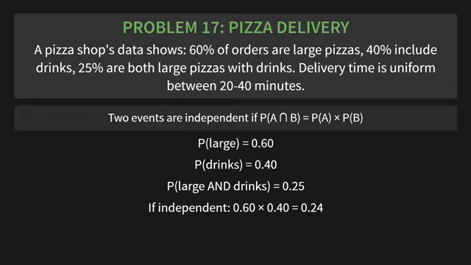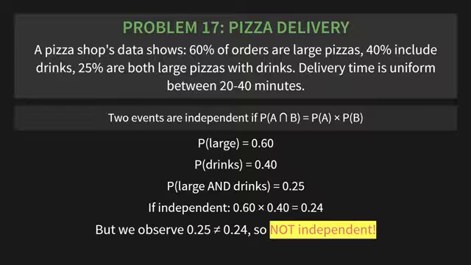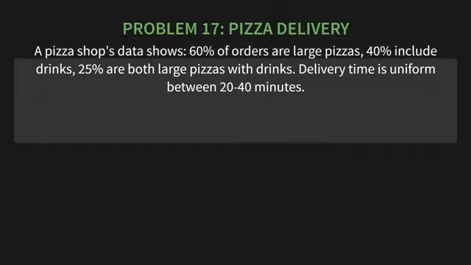But our data shows 25% actually order both. That's slightly higher than expected. So they're not independent. Large pizza customers are slightly more likely to add drinks to their order. Makes sense, right? Bigger pizza probably means more people eating, which means more drinks.